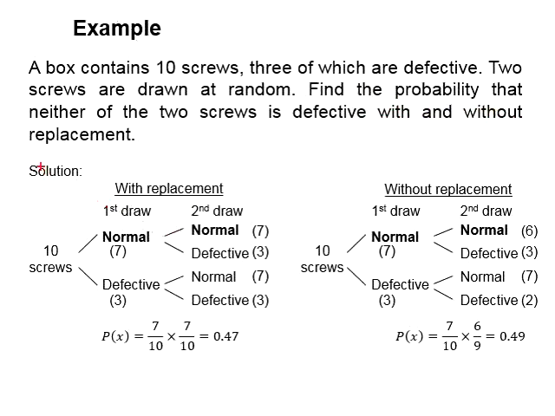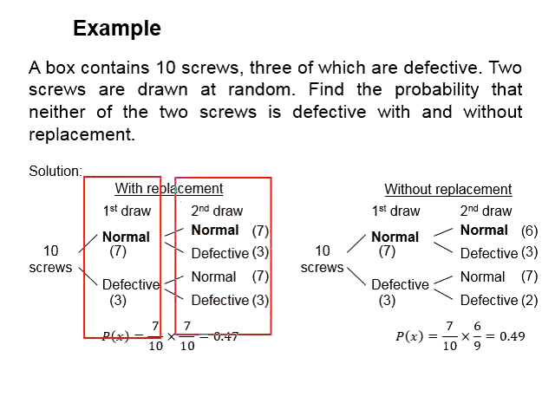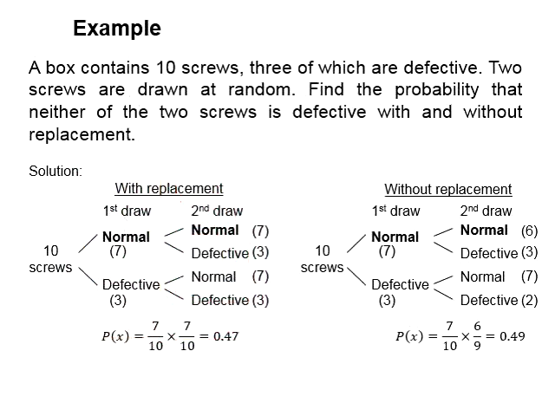Let us look at the tree diagram here. You have 10 screws here. There will be 2 draws of a screw. While you are drawing the first time, you know that there will be 7 normal screws and 3 screws which are defective.